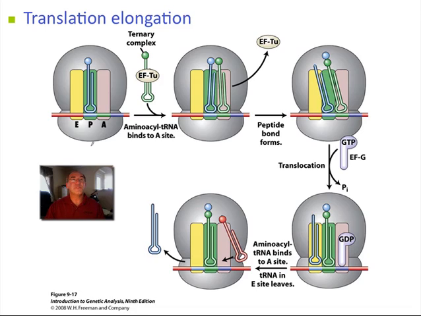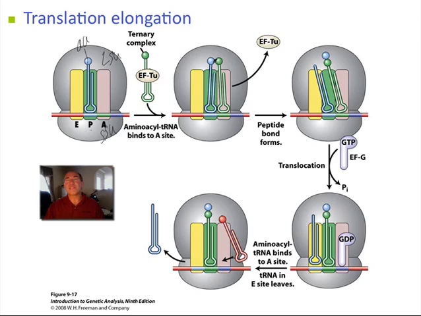Here is a diagram showing what's going on. Large subunit, small subunit. This is the P site and the A site. Some texts also include an E site that stands for exit. It really just means that's where things leave from. This is the first amino acid attached here. Second amino acid comes in. Peptide bond is joined between them.